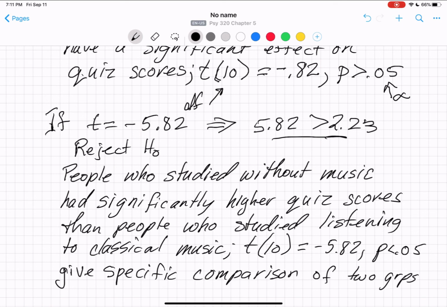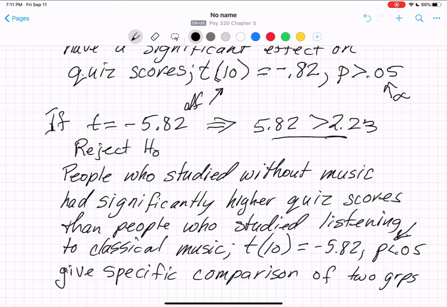Okay, and also remember the sign in your p value is going to change, because if we'd gotten this t-value of negative 5.82, then the probability that we would be making a mistake when rejecting the null hypothesis is less than 0.05. So that's why we decided to reject it. The risk of being wrong is very low.